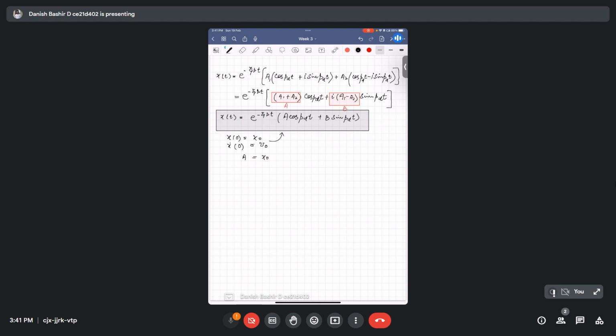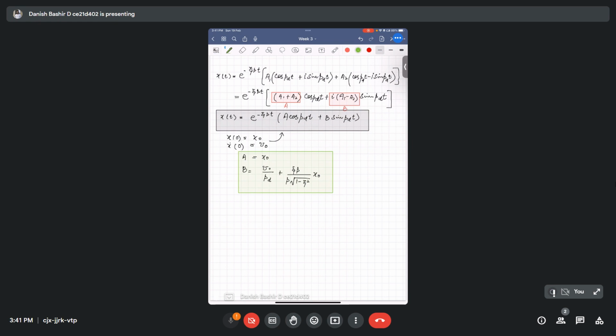We will obtain b as v naught by pd. Initially, in the undamped free vibration, it was v naught by p. So here it is v naught by pd because it is damped, plus some additional term due to the damping effect: theta p divided by p times under root of 1 minus theta square, times x naught.